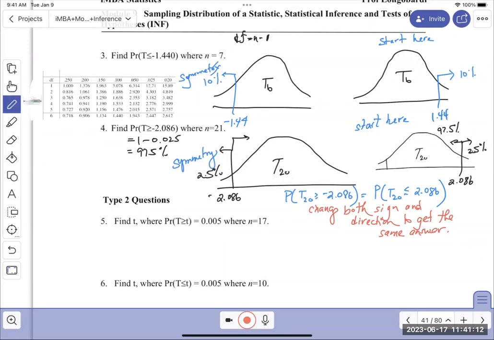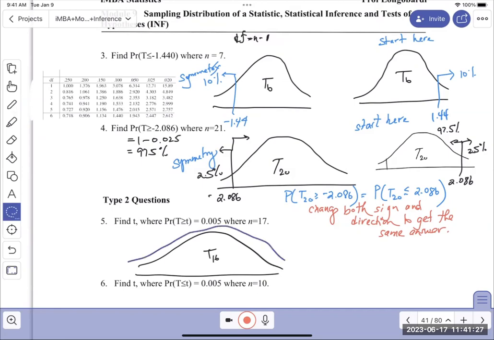So let's draw. These are the reverse, the backward type problems, right? So I'm going to draw, and this is for T16. I'm going to shrink it because it's too big.